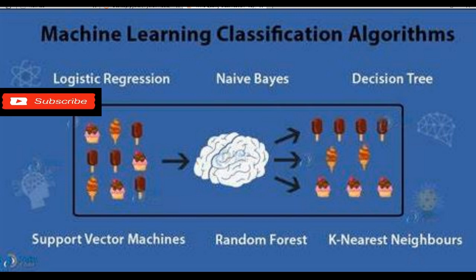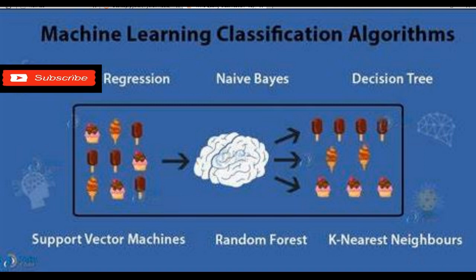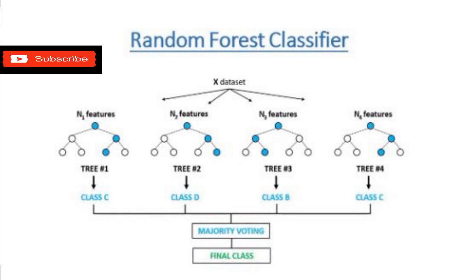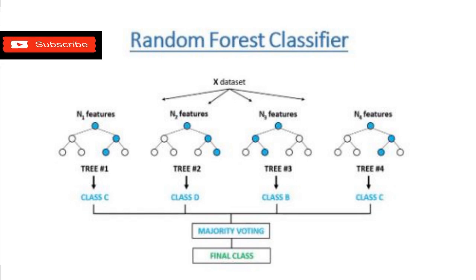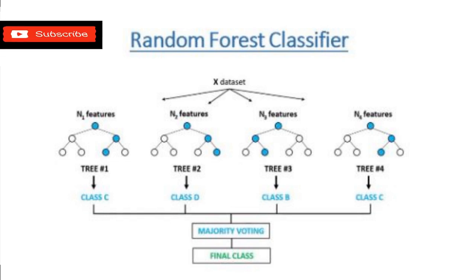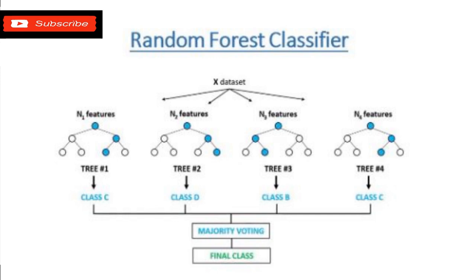However, in this case, I'm going to show you how to create a simple random forest classifier. And in this case, we are going to try and classify the wine quality dataset that is available in the Kaggle repository as quality wine and not quality wine. Therefore, we are going to do a simple binary classification.